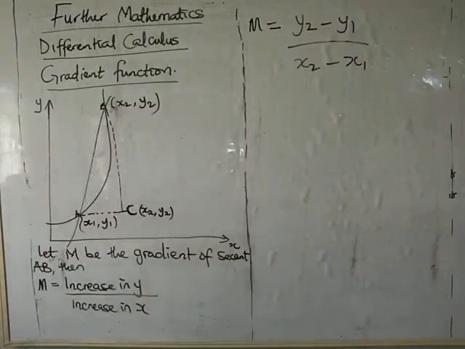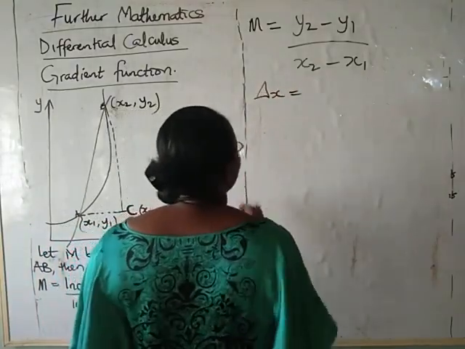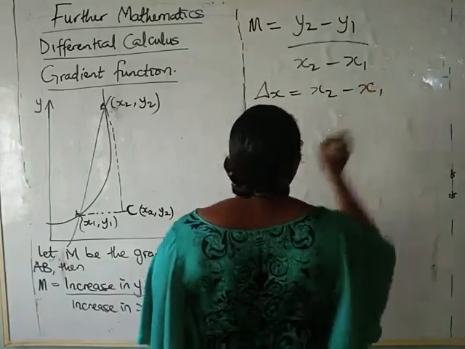I want you to quickly draw the diagram and write. From this point, we can easily get our increase in x. What will be the increase in x, class? Our increase in x is denoted as delta x, which is the same thing as x2 minus x1.